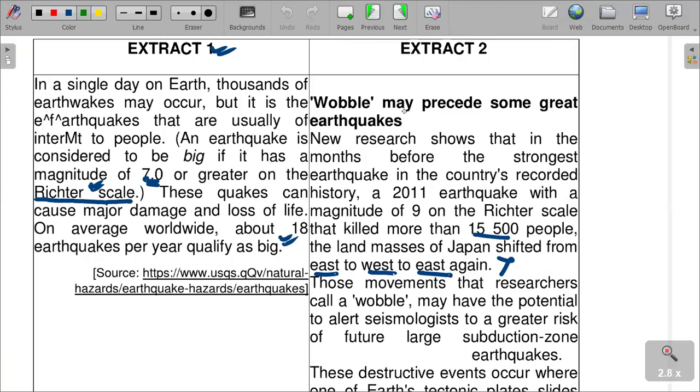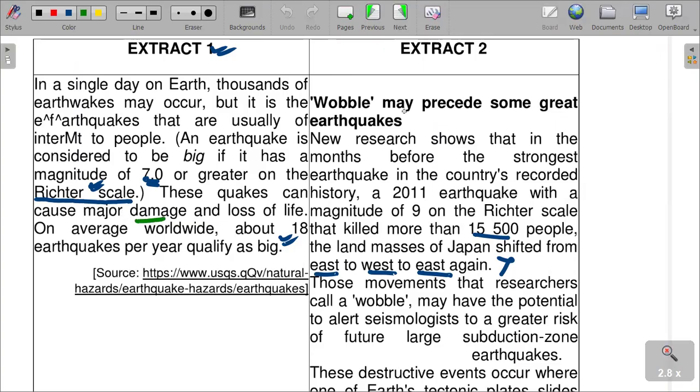In diagram 1, in a single day on Earth, thousands of earthquakes may occur, but it is the big earthquake that actually causes people to die. An earthquake is considered to be big if it has a magnitude of 7.0 or greater on the Richter scale. Earthquakes can cause major damage.